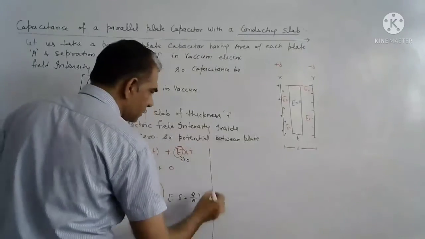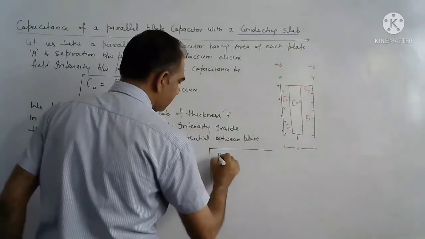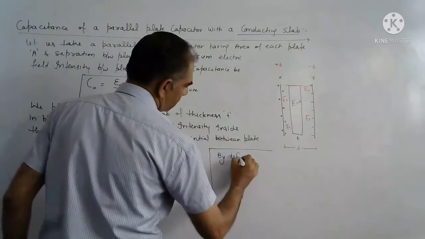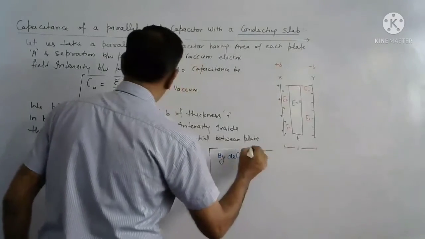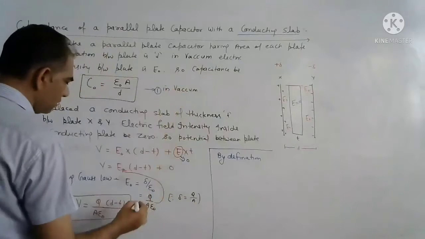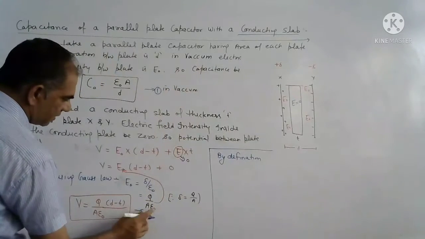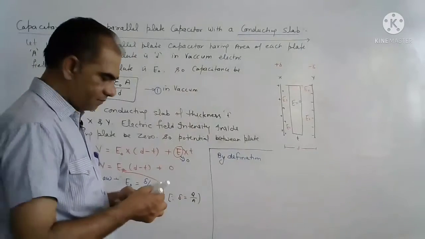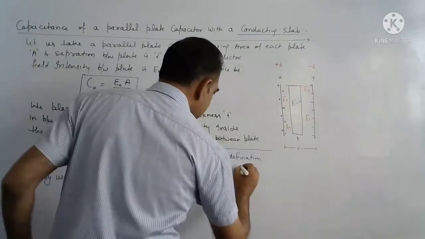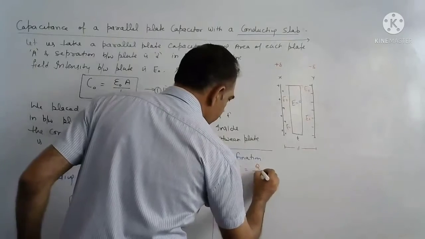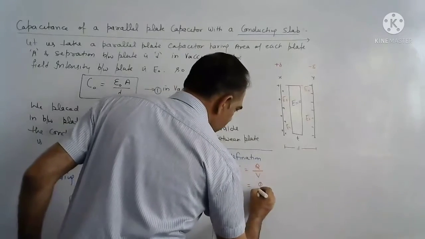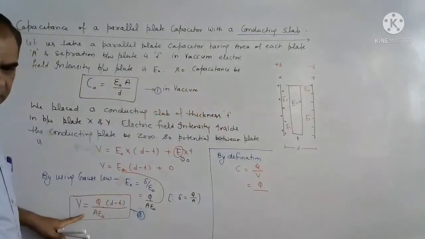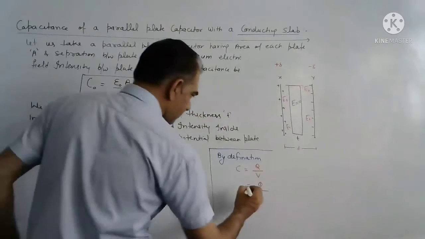जैसे ही पोटेंशियल की वैल्यू आएगी, आप क्या करेंगे? फॉर्मूला लगा देंगे कैपेसिटेंस का। बाय डेफिनेशन, C is equal to Q upon V, and Q is Q, and this is the value of V put here.